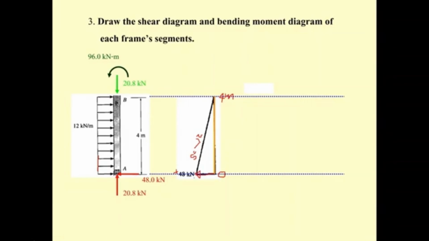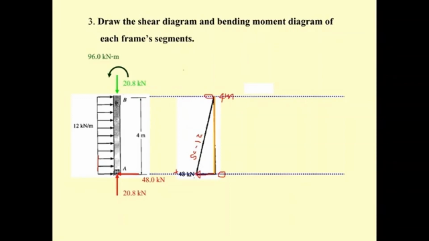So by doing this, the slope here is going to be equal to minus 12. That's really bad drawing, sorry about that. Let me take this one out. So we made it a lot better. This one is going to be minus 12. And then what is going to be here? If you take a look here, there is no shear, so this is supposed to be 0.